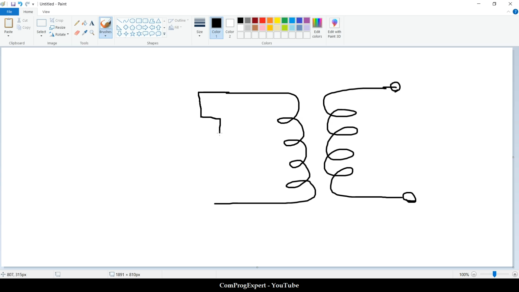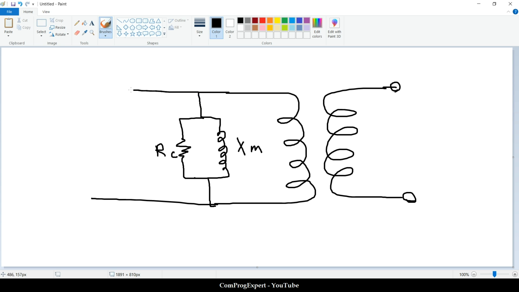Here we have this magnetizing reactance XM. This is the equivalent core loss resistance RC, and we apply this voltage here. In this case, this current is 0.